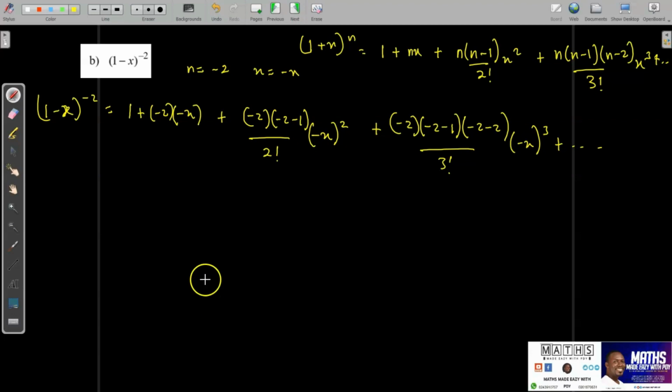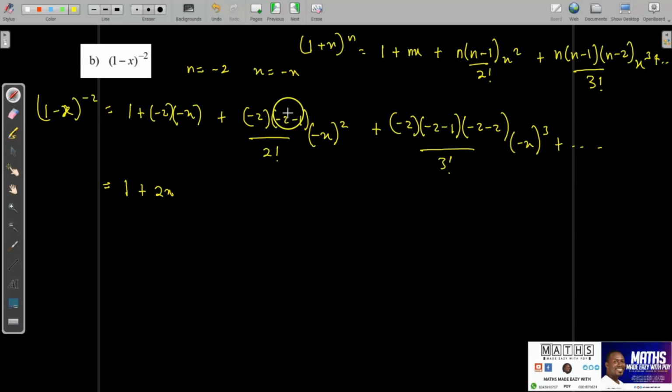Yes, sir. All right. So let's simplify. Simplifying, 1 will still stand as 1. Minus 2 times minus x will give us what? Positive 2x. So we're still going to have 2x here. Then over here, minus 2 will be maintained, but this will give us negative what? -3.